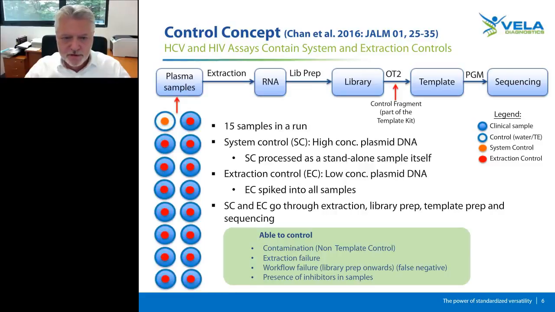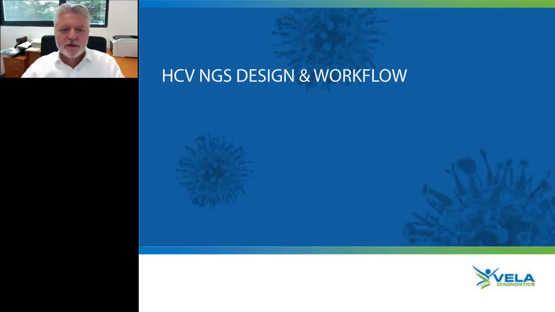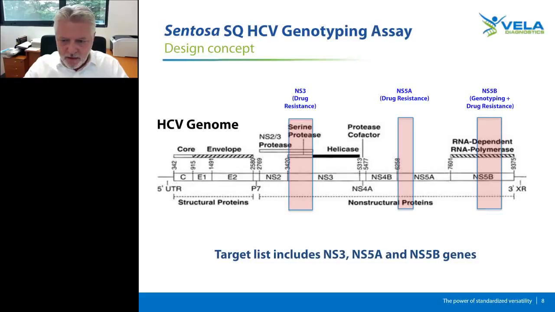So let me proceed. Let me talk about HCV NGS, the assay design, and the workflow we developed. This is a schematic drawing of the HCV genomic organization. What we do here is genotyping, which happens in the NS5B region, which is the RNA-dependent RNA polymerase of the virus.